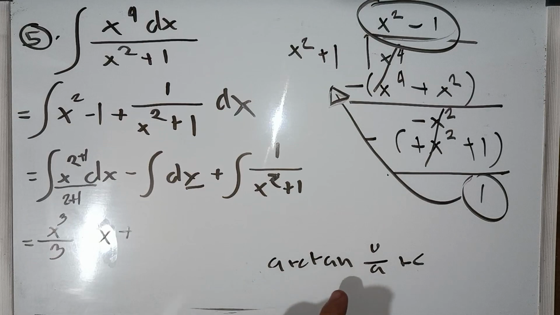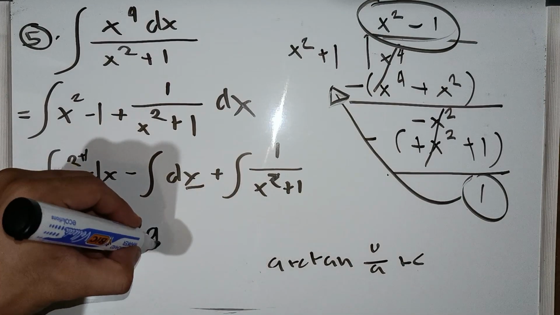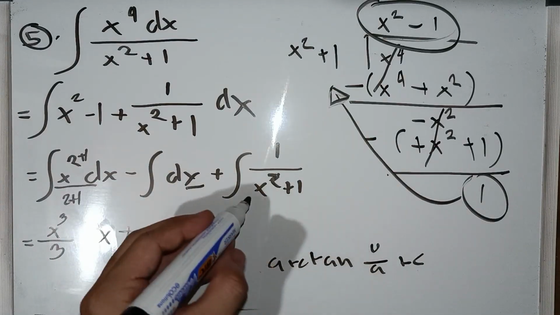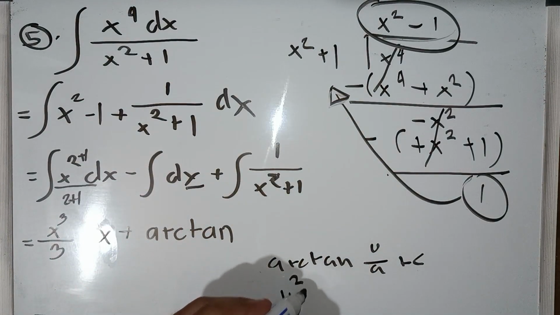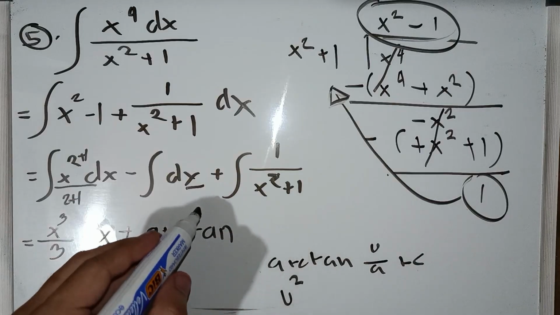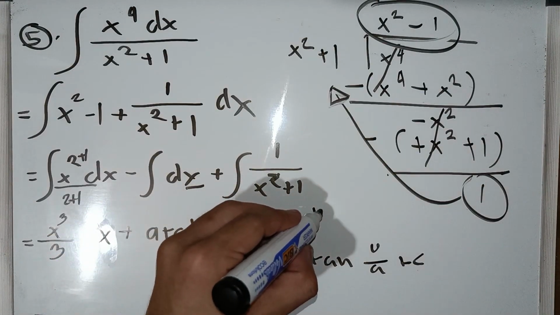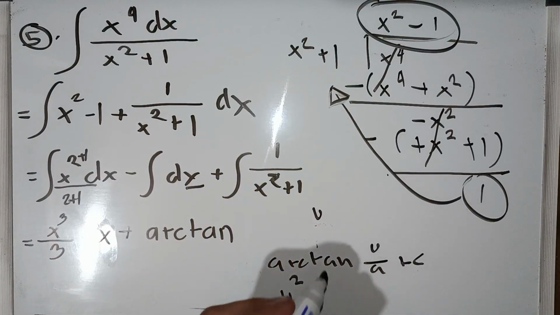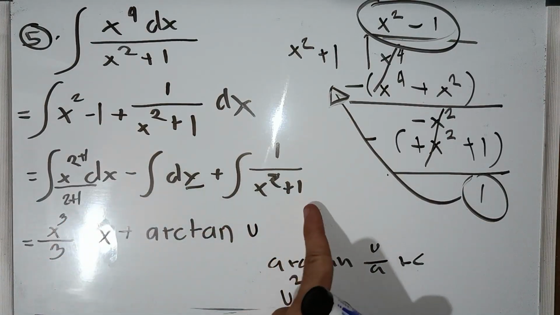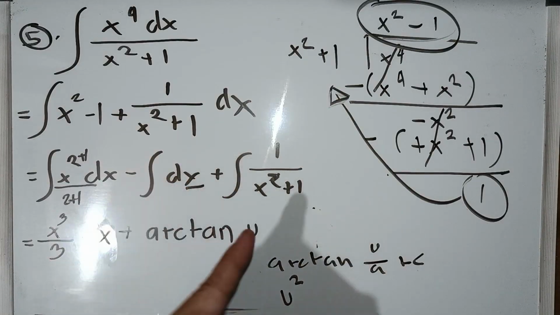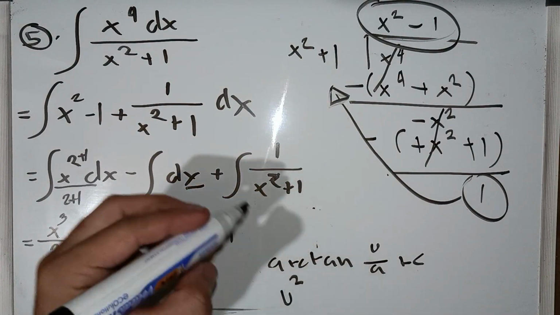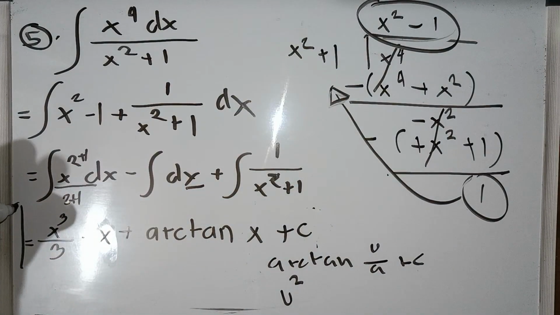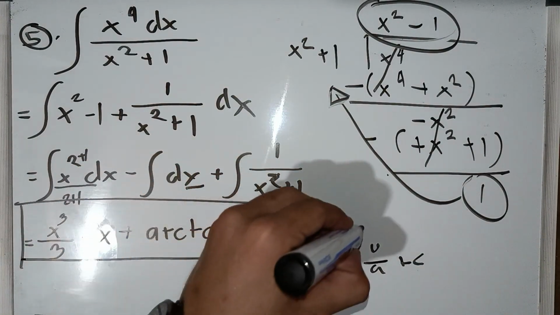So let's put the arctan here, and we can also put the 1 in the u, so u over 1 is equal to u. Since the value of u is equal to x, let's put the x, plus c. So this is now the integral that we get after we integrate the problem.